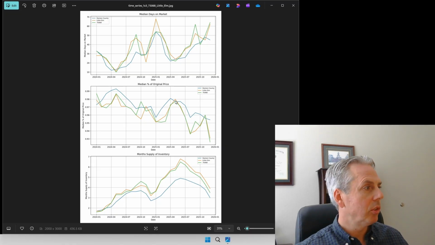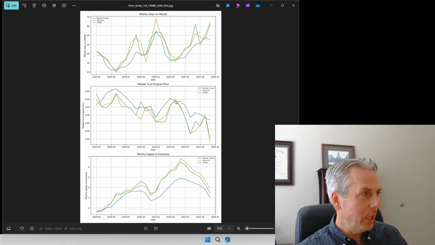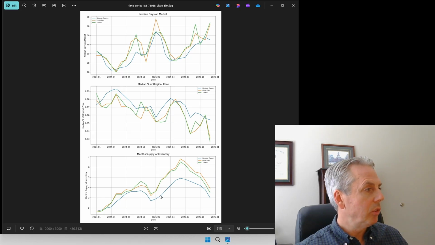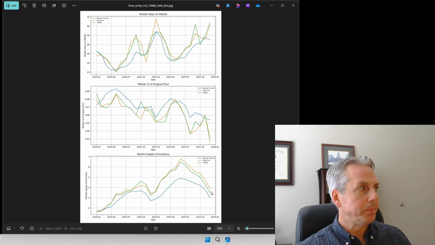It increased till about that same point and then has consistently declined. And last, we can see that the month's supply of inventory consistently increased beyond that inflection point that we saw before, and then has started to fall.